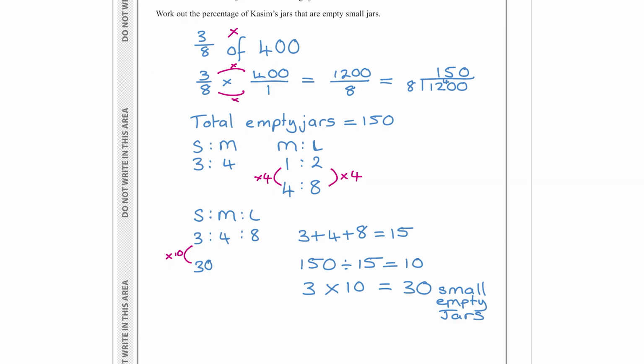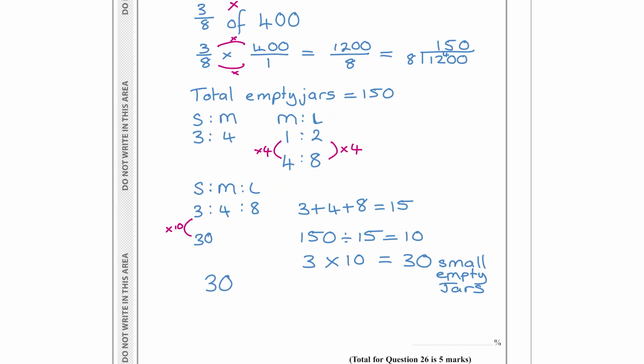Well, we've got 30 of them out of a total of 400. So there will be 30 out of 400. And percent is out of 100, isn't it? So to get that out of 100, we divide that by 4. So 30 divided by 4.